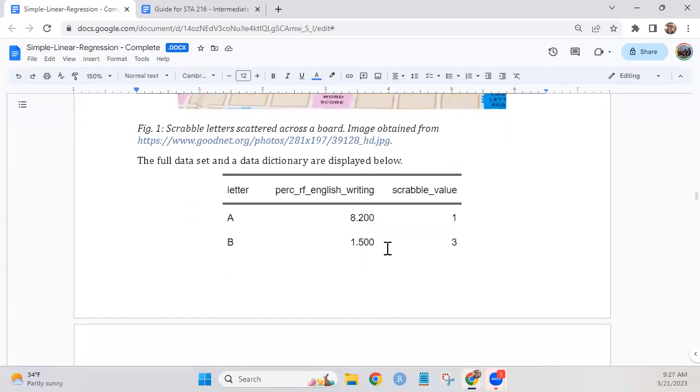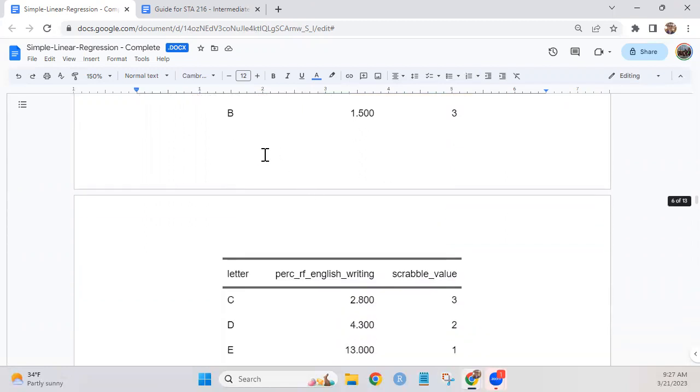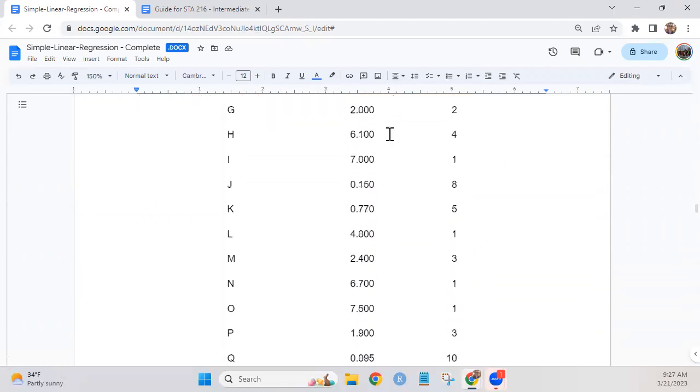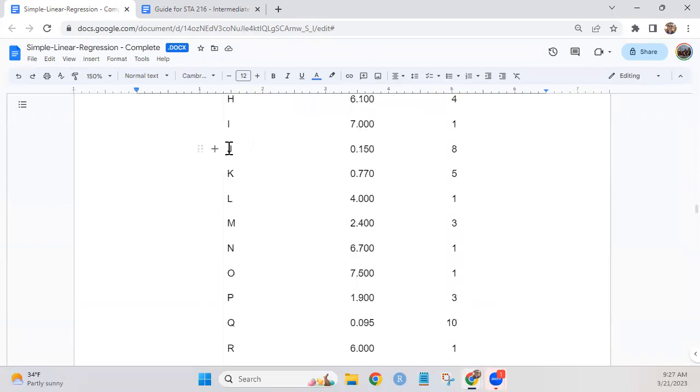And then somehow they looked at the percent of the time that that letter shows up in English words across all words in the English language. So A shows up about 8% of the time. B is only that much. Okay. You can see, J hardly ever shows up in words. It's a very uncommon letter, and so it's worth more points.